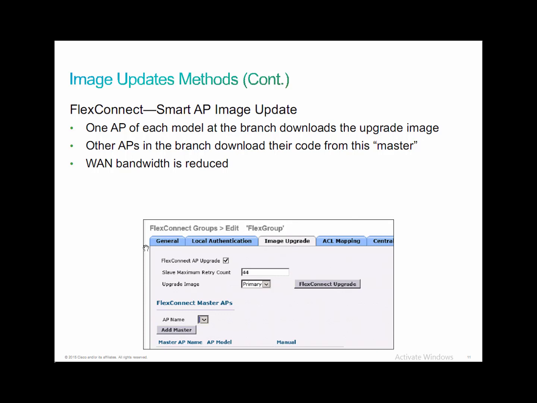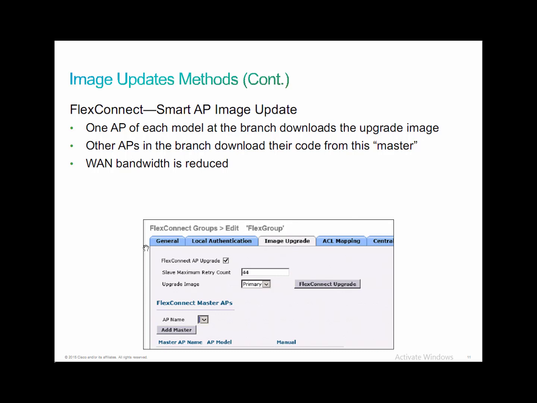Using that pre-image download can cause a lot of bandwidth to be used on the LAN because we're priming the APs by downloading those images. A more efficient way is to use what we call the FlexConnect Smart AP image upgrade feature.